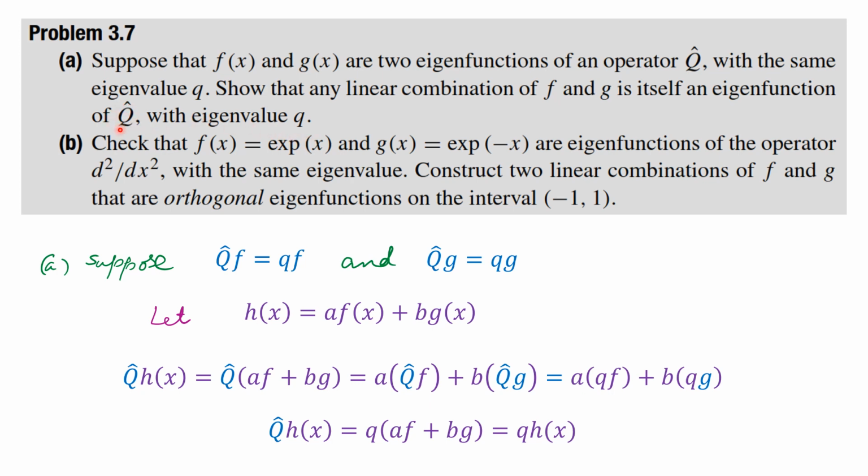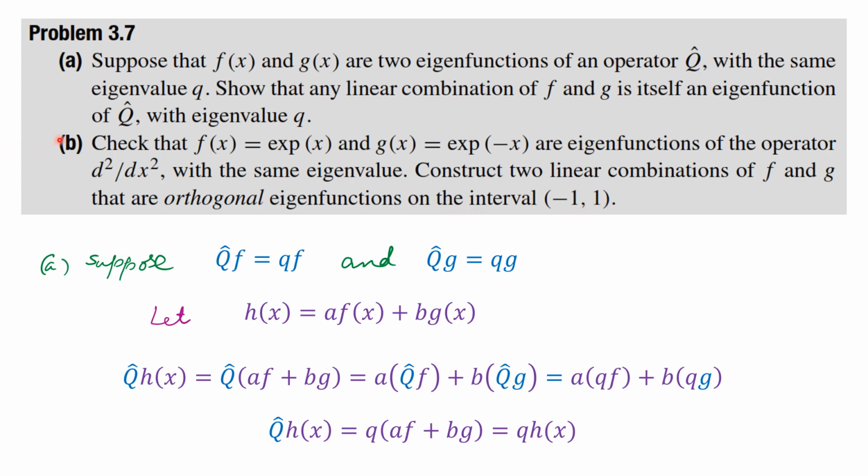And next, check that f of x equal to e power x and g of x equal to e power minus x are eigenfunctions of the operator d2 over dx2 with the same eigenvalue. Construct two linear combinations of f and g that are orthogonal eigenfunctions on the interval -1 to +1.